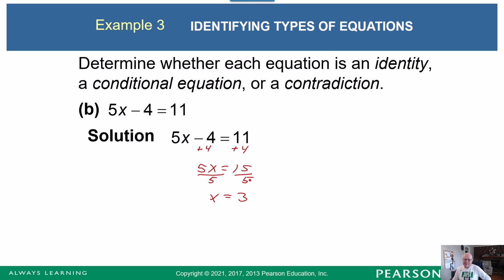By the way, stop for a moment and notice what I've been doing. I write down the steps. I show what I'm doing. Why is that important? First of all, it gets you in the habit of doing the right things at the right time. Second of all, suppose this were in a test and you saw 5x minus 4 equals 11. What if somewhere in here you make a silly mistake?